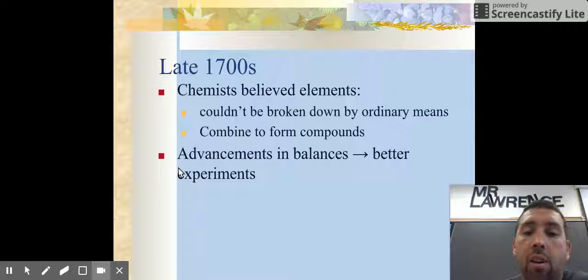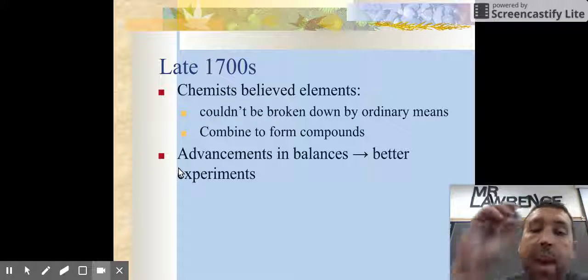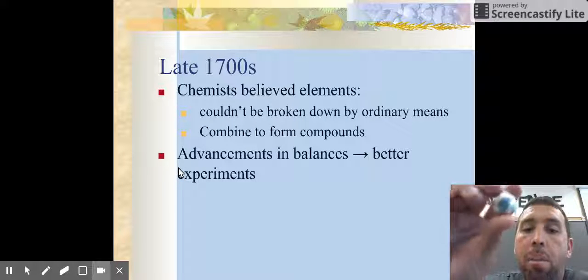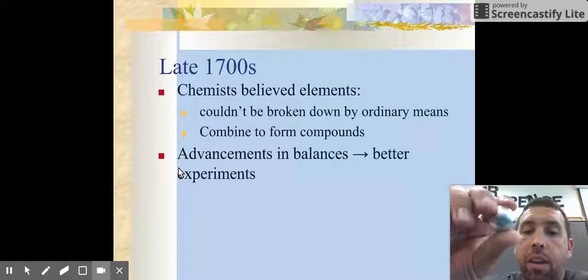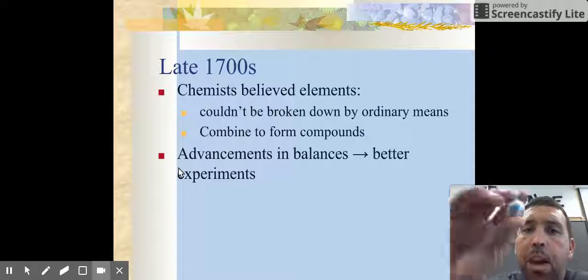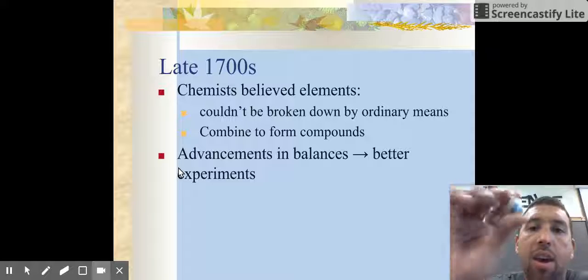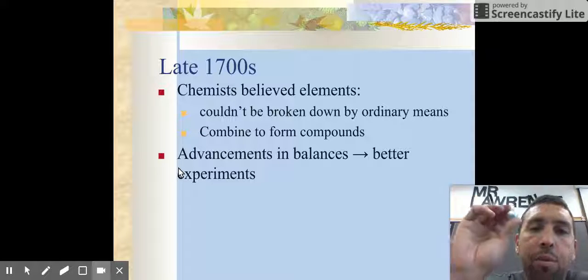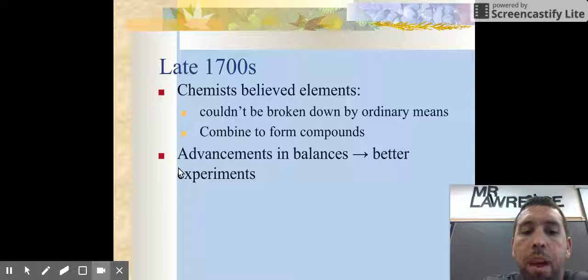Well, in the 1700s, chemists started to believe that there was something in elements that they could be broken down to, but not necessarily by ordinary means. And so they started to realize that there is some kind of indivisible unit in our elements, and that this indivisible unit, which we will come to know as an atom, could form together with other indivisible units to form compounds.